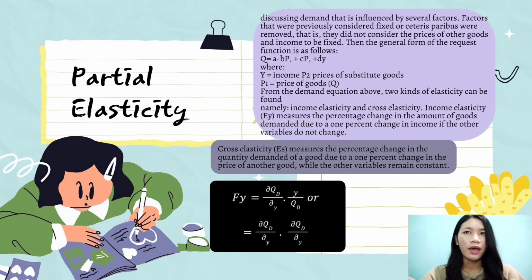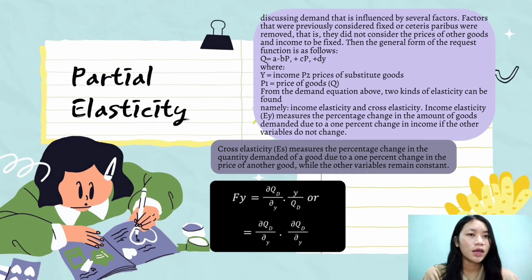Q equals A minus B P1 plus C P2 plus D Y, where Y equals income, P2 equals price of substitute goods, and P1 equals price of the good, Q. From the demand equation above, two cases of elasticity can be found, namely income elasticity and cross elasticity.